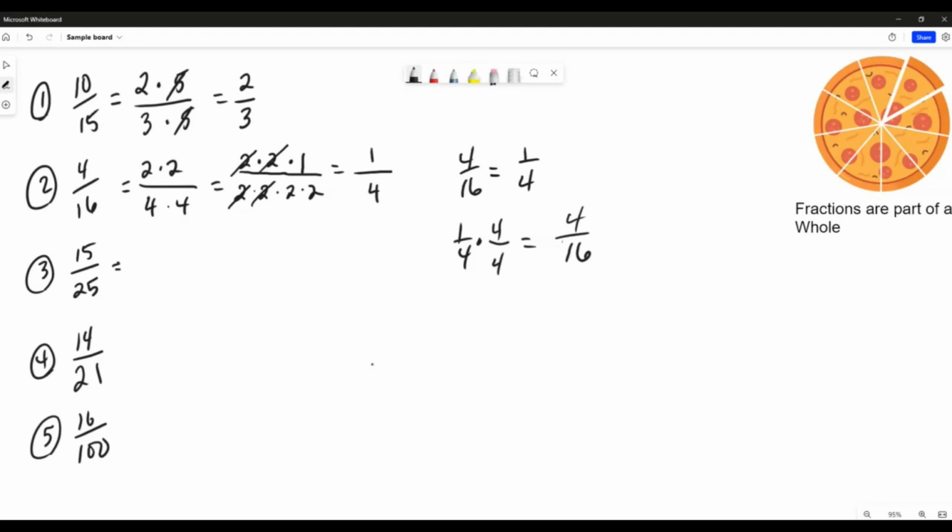Let's do 15 over 25. 15 is 3 times 5. 25 is 5 times 5. Those don't break down any further, but 5 is a common factor for the top and the bottom.